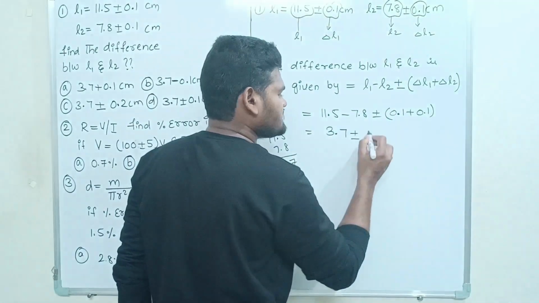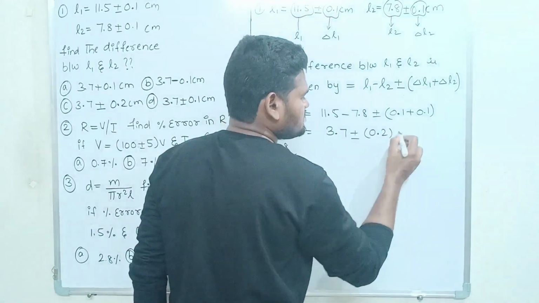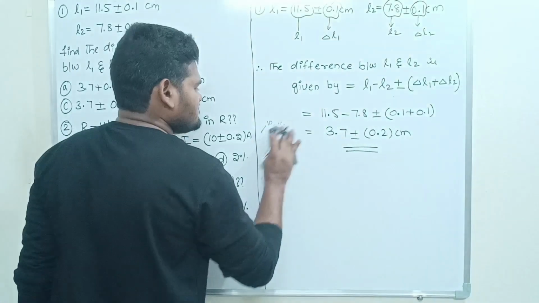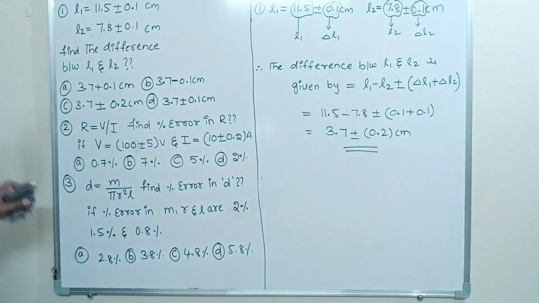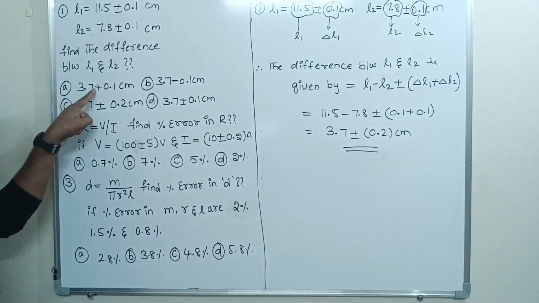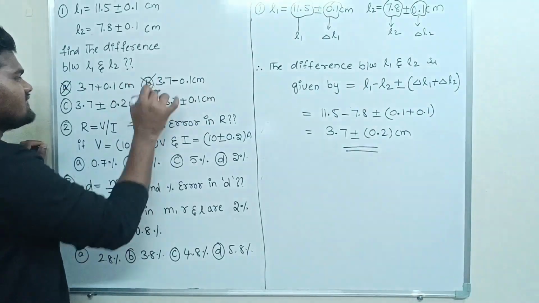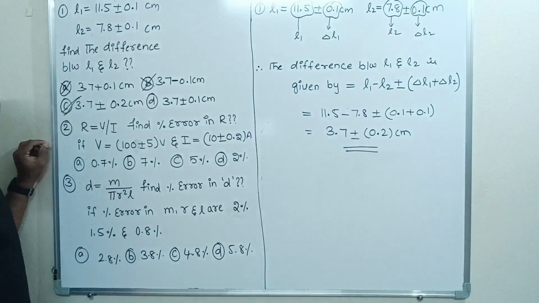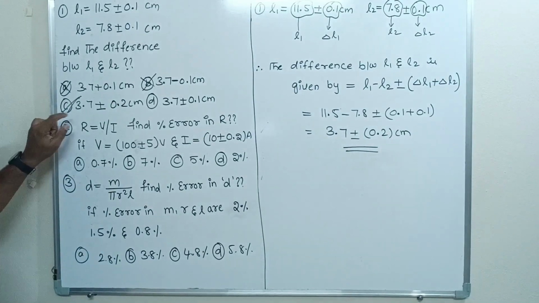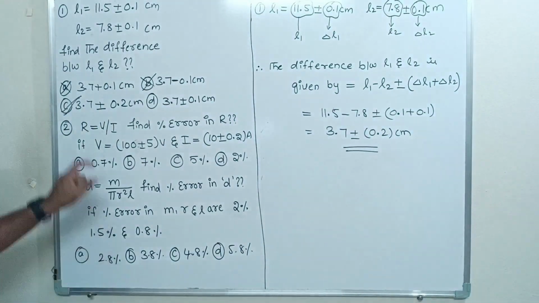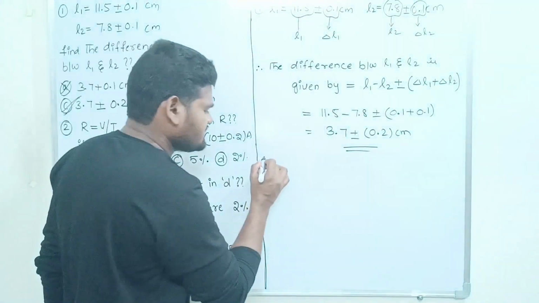So 3.7 plus or minus 0.2 centimeters. Check the answer in the given options. 3.7 plus 0.1 is not the answer. 0.7 is not the answer. So option C is the correct option. Are you getting it? 3.7 plus or minus 0.2. Okay, right. So let us see the second one.